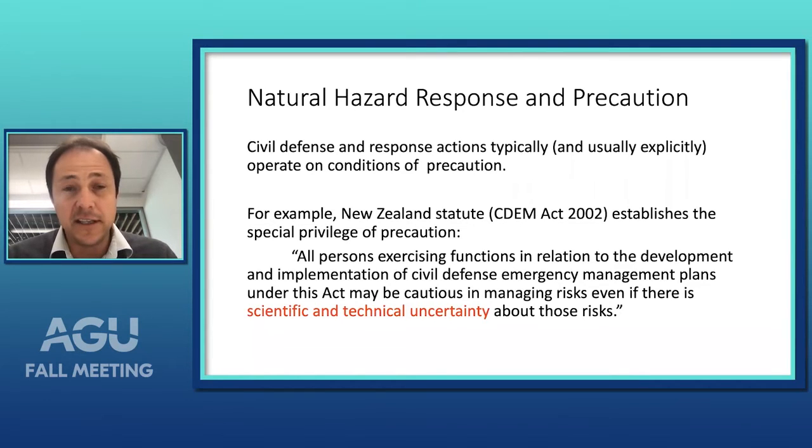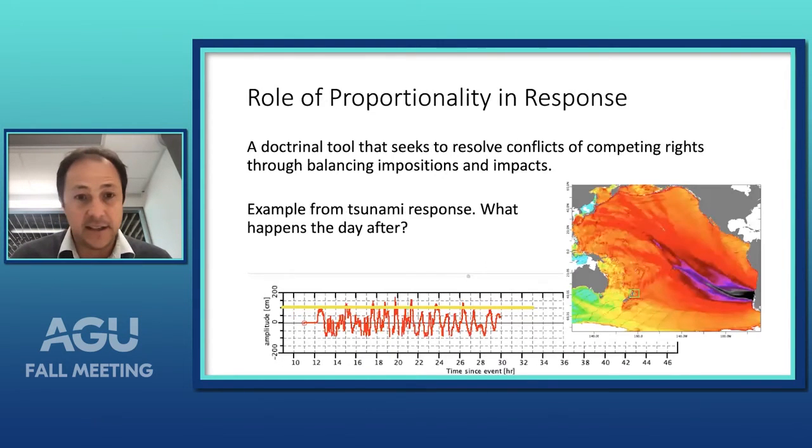So there's uncertainty in the information we're using to underpin these decisions. And the response community has the explicit privilege of using a precautionary response, of taking a large-scale action to encompass the uncertainties of our scientific knowledge.